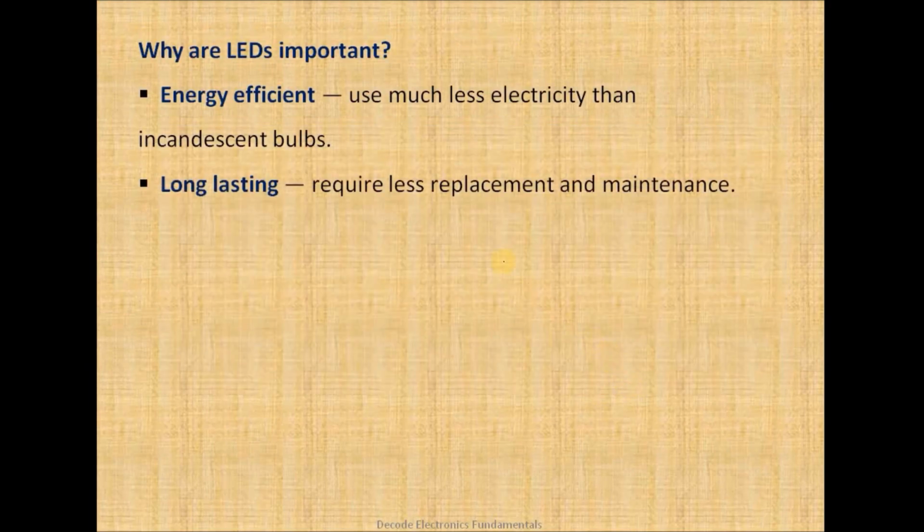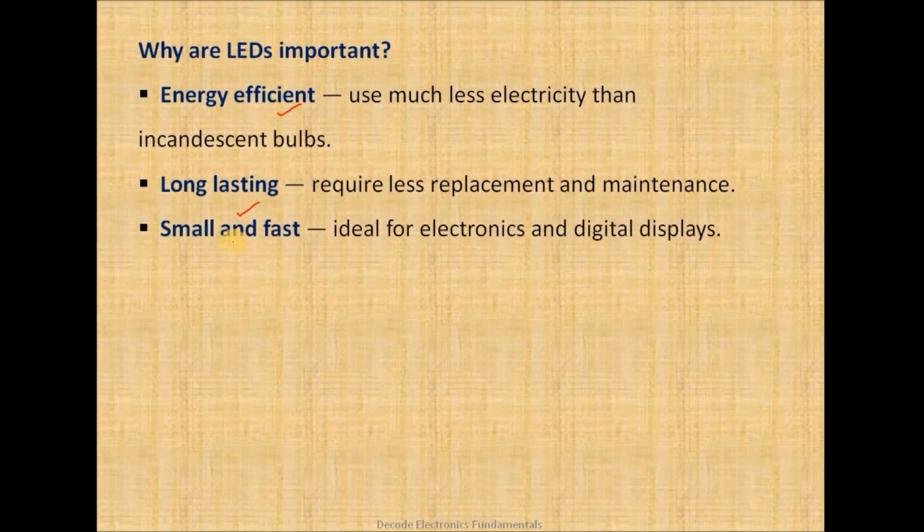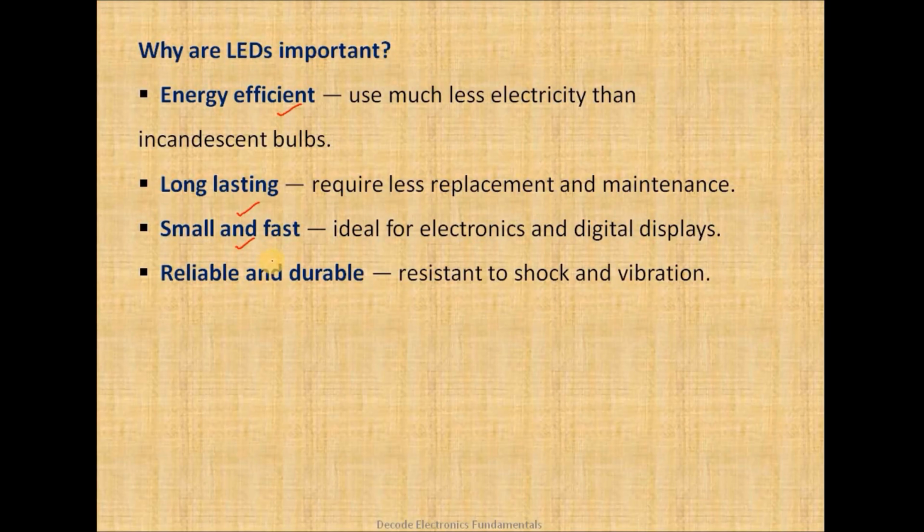So that means LEDs are extremely important. They are highly energy efficient and long lasting with respect to usage. They are small and fast, which makes them the ideal contenders for electronics and digital displays.